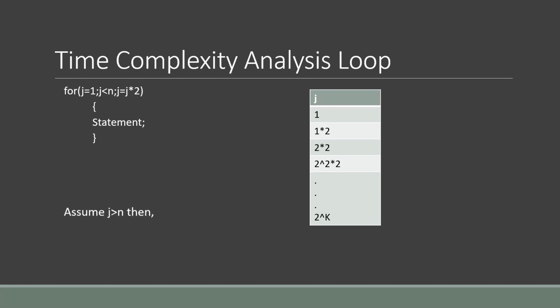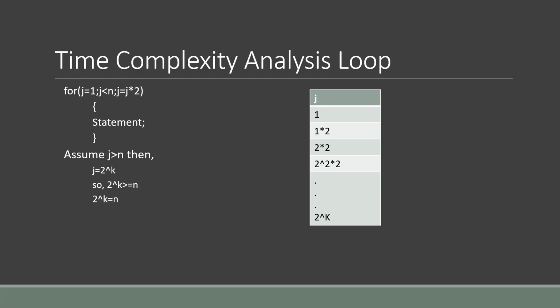Assuming that the value of j becomes greater than n, we can have j equals 2 to the power k, because that is the maximum number of times the j loop will rotate. So 2 to the power k is greater than or equal to n.